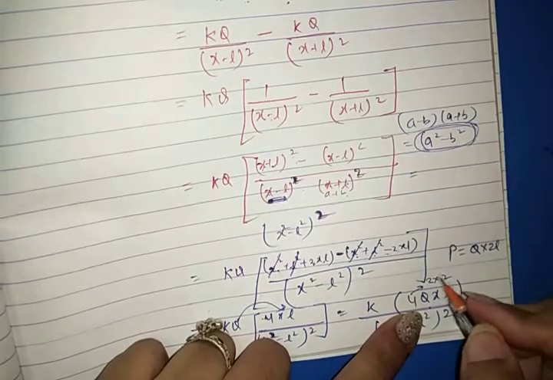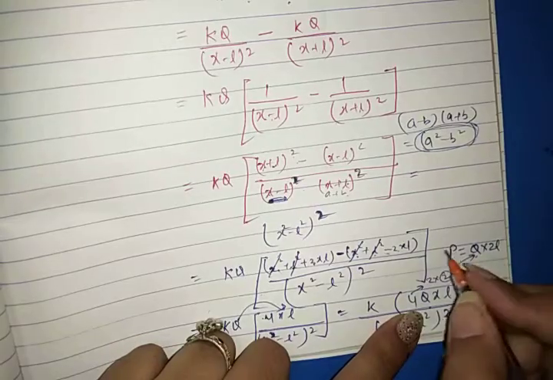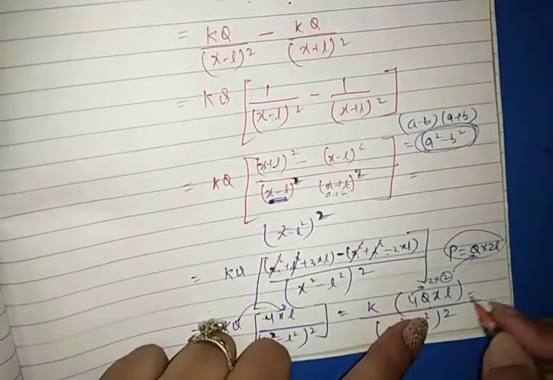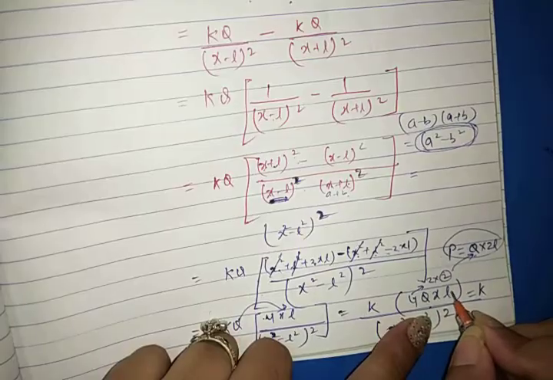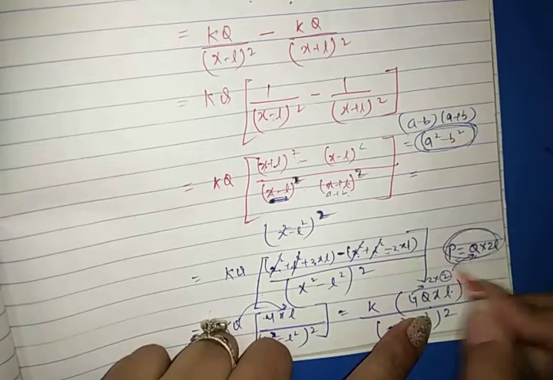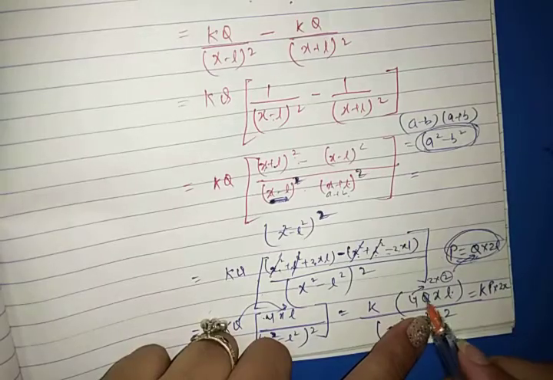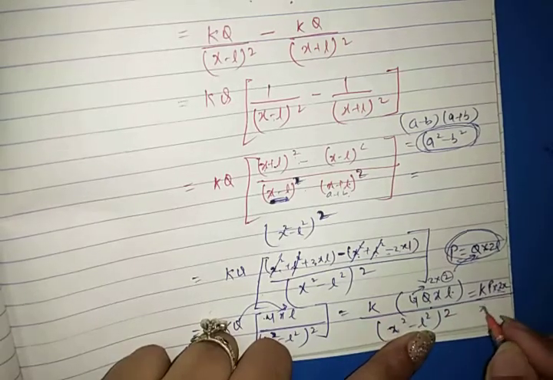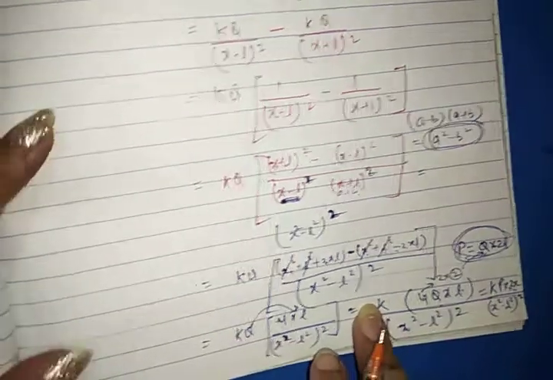One 2 is used with this L, so we can replace it as dipole moment p. One 2 remaining goes into x. So finally we get x square minus L square the whole square.